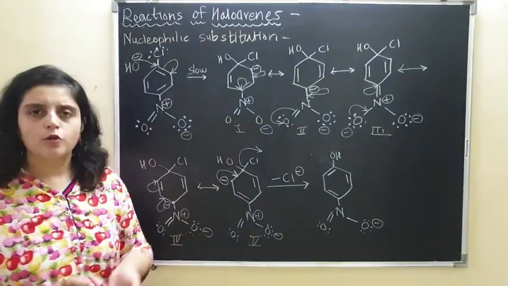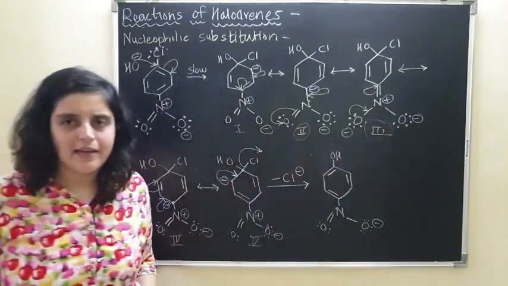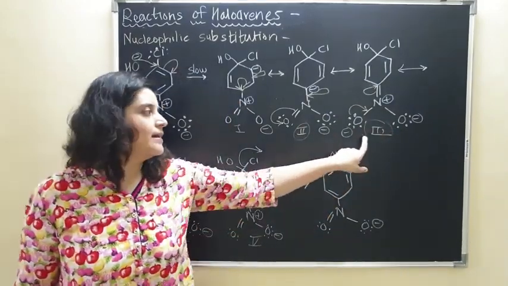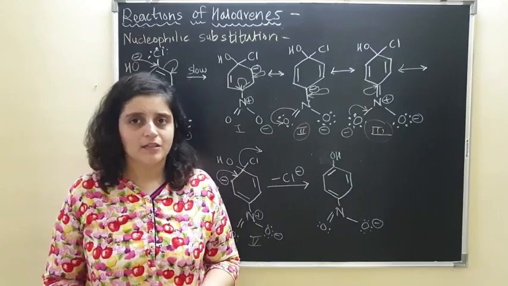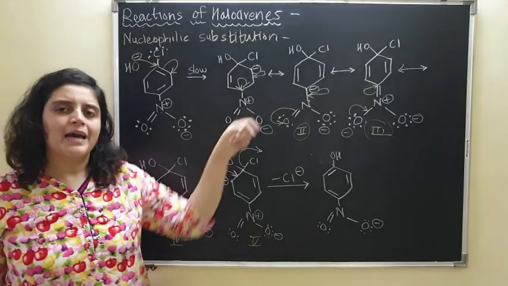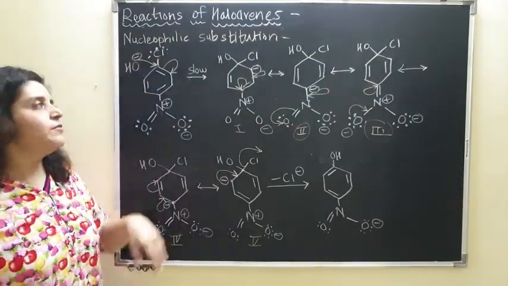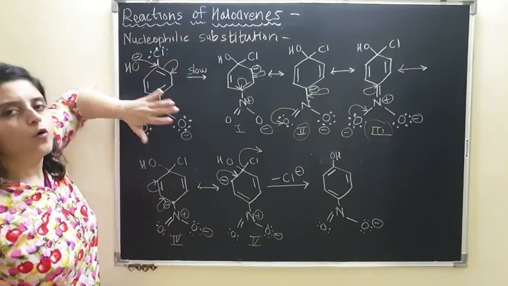But if there was no nitro group, ये वाला स्टेप होता ही नहीं, ये वाला स्टेप एग्जिस्ट ही नहीं करता. सेकेंड एंड थर्ड स्ट्रक्चर तो होता ही नहीं रेजोनेंस में. सो इसीलिए ड्यू टू प्रेजेंस ऑफ नाइट्रो ग्रुप there are more number of resonance structures than what we expect if there is no NO2 group.